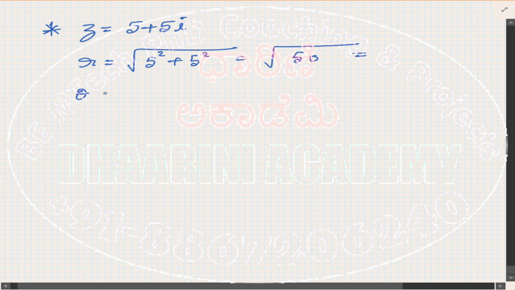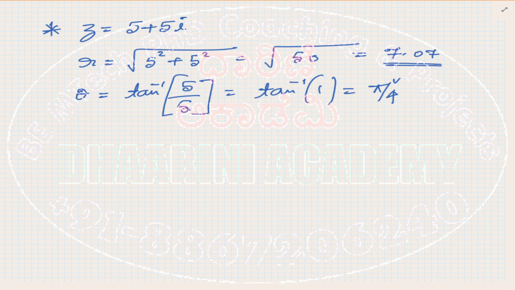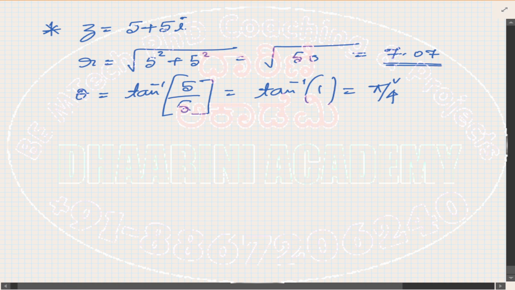And we also need theta. Theta is equal to tan inverse of y by x. So y is 5 and x is also 5, so tan inverse of 1. Use the calculator and calculate these two values. In this case, r comes to be 7.07 and the theta value comes to be pi by 4 radians.